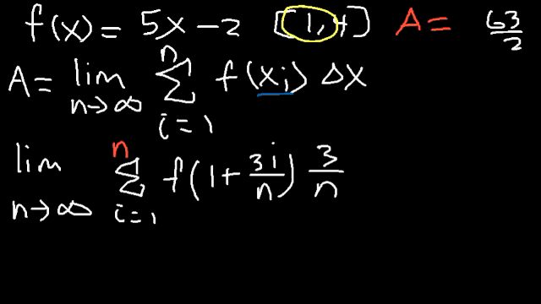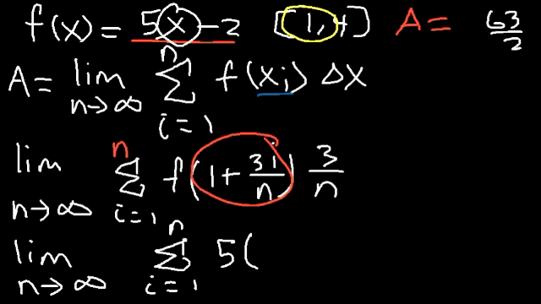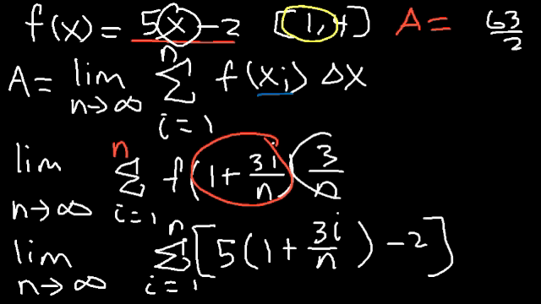So f of x is 5x minus 2, and we need to replace x with 1 plus 3i over n. So what we now have is the limit as n approaches infinity. This is going to be 5. Now instead of x, we're going to replace it with 1 plus 3i divided by n, minus 2, and all of that times delta x, or 3 divided by n.